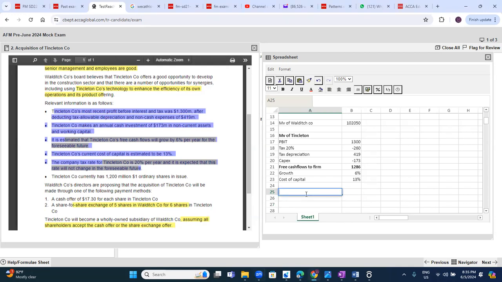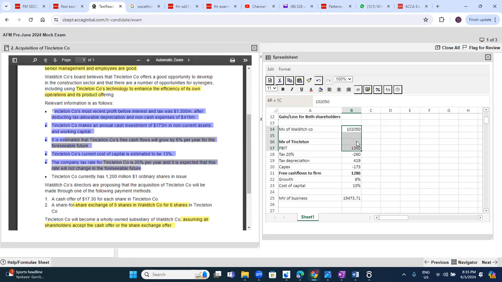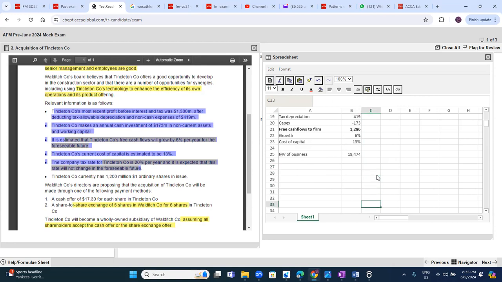So market value of business is equal to free cash flows into 1 plus g divided by cost of capital minus g. That is 19,473 approximately. You can also convert all these cash flows into 000 format. $19,474. But remember, this is the market value of business.